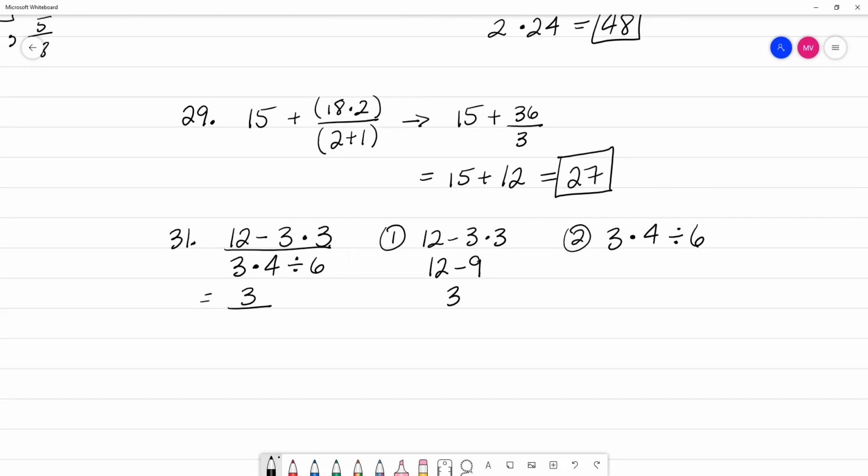What's my order of operation? Multiplication and division are equal, so you move from left to right. So 3 times 4 gives me 12 divided by 6. And 12 divided by 6 is 2. That is my denominator. So you should have gotten 3 halves, or you can turn it into an improper fraction, which is 1 and 1/2. Either one of those will work.